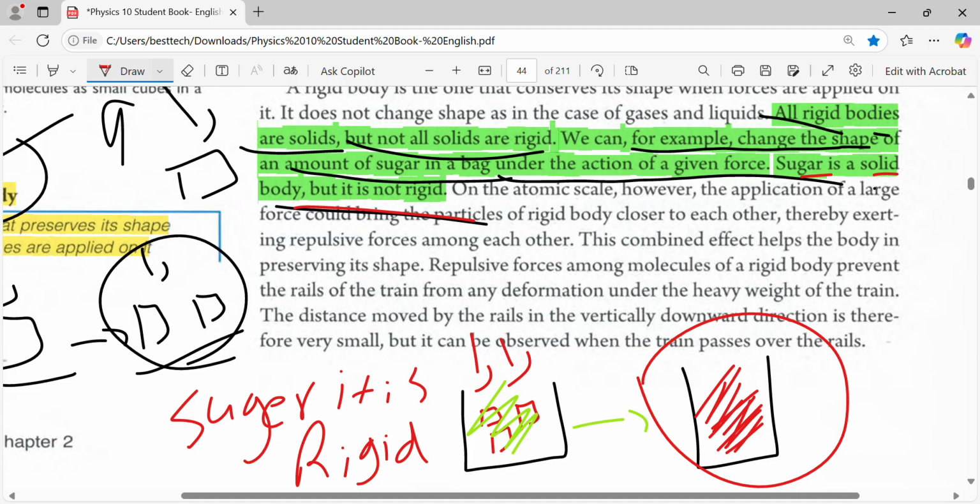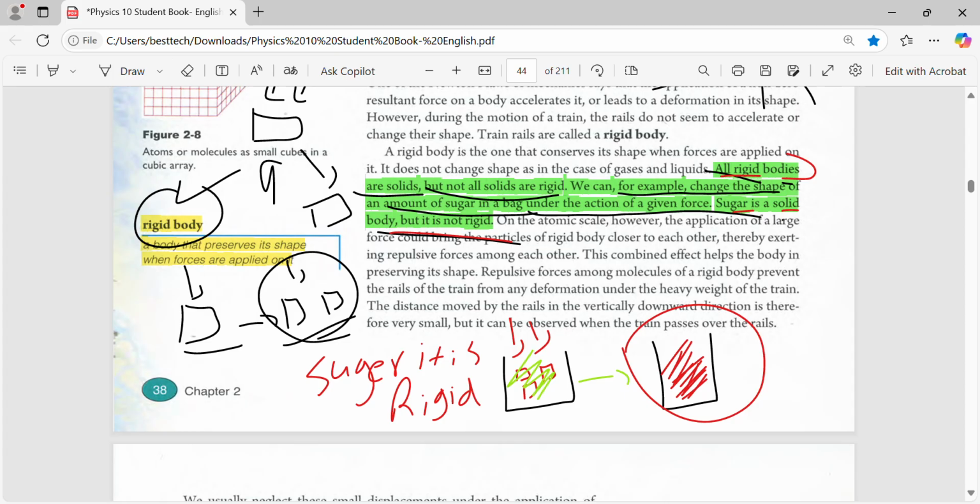So guys, here we can say if any object is rigid, directly it's solid too. But not all solids are rigid. For example, sugar is solid, but it's not rigid. But if any object is rigid, directly it's solid too. I hope you understand this topic because it's important.